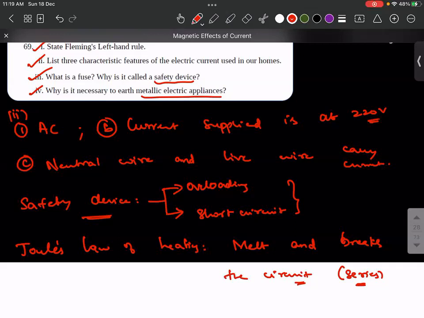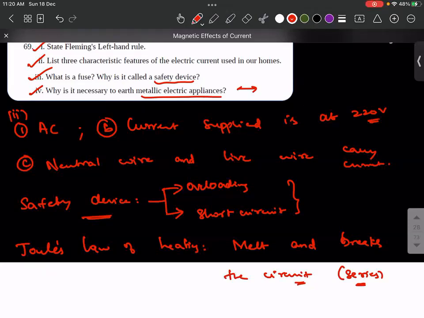So when the live wire touches the metallic electric appliance, what will happen? It will make the current flow through the earth instead of our body. As a result, we will escape from getting that shock.